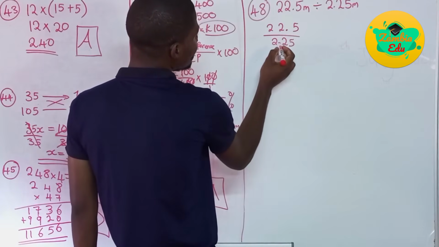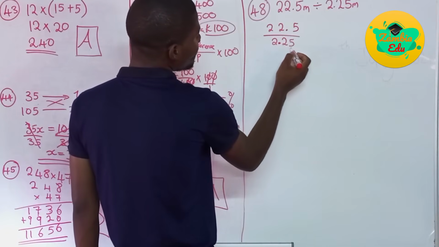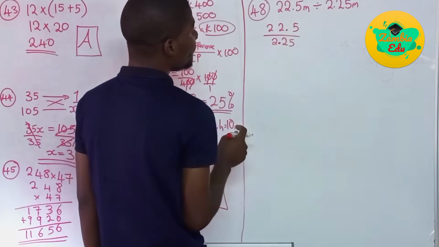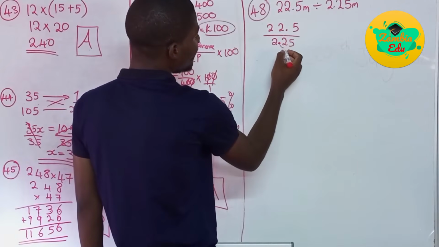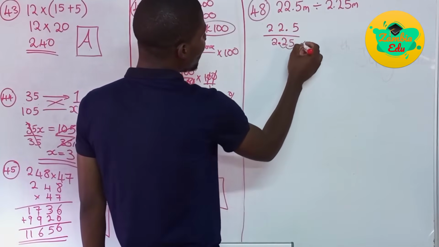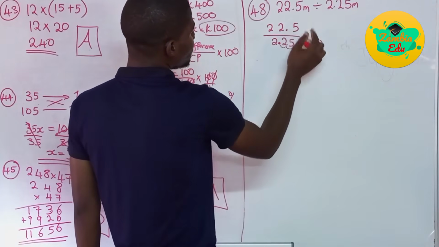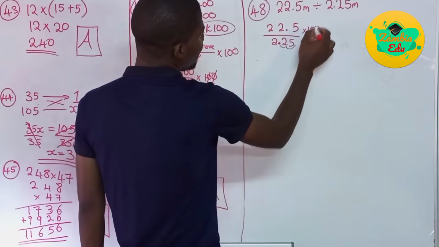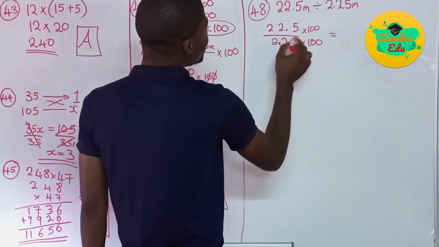The bottom number has 2 decimal places, while the one on top only has 1 decimal place. So we use this number of decimal places, which is 2, to create 100. And so what you do down, also do up, you get 100 times 22.5.